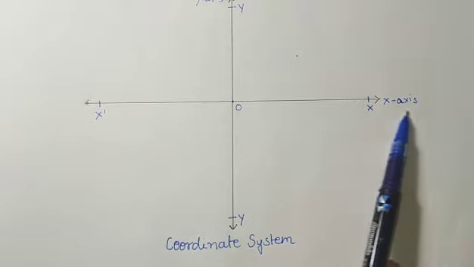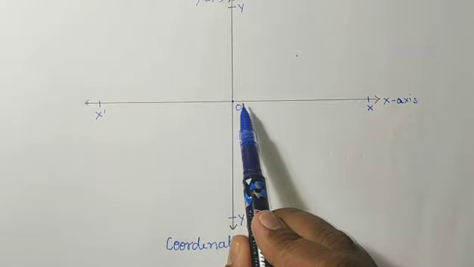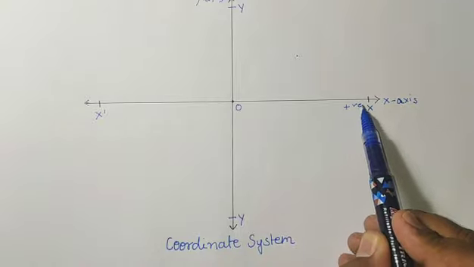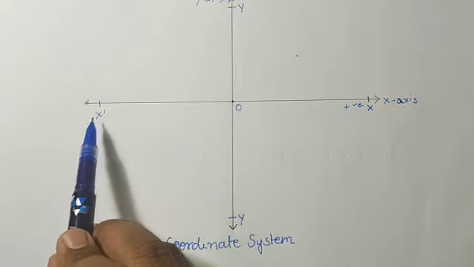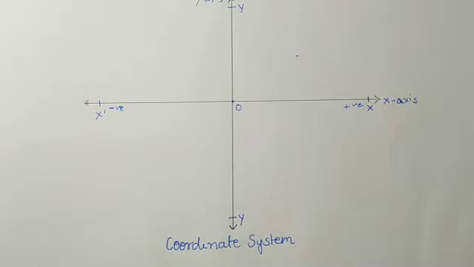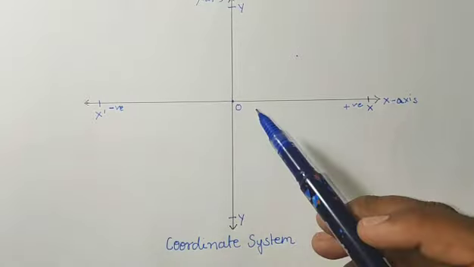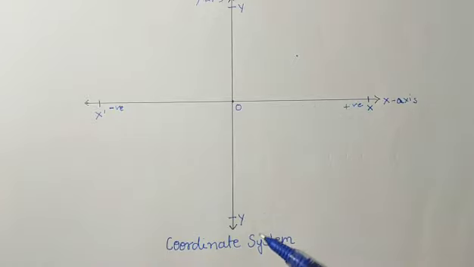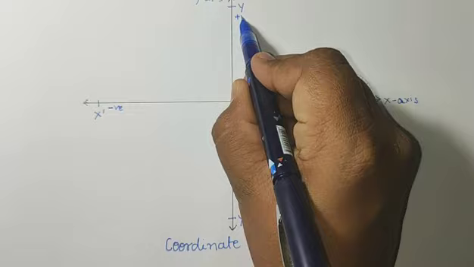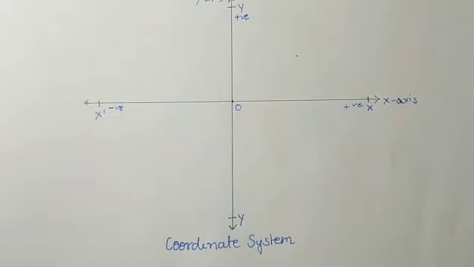On the horizontal number line, on the right hand side of zero, all the positives are there, and on the left hand side of zero, all the negatives are there. On the vertical number line, above zero all the positive y values are there, and below zero all the negative y values are there.